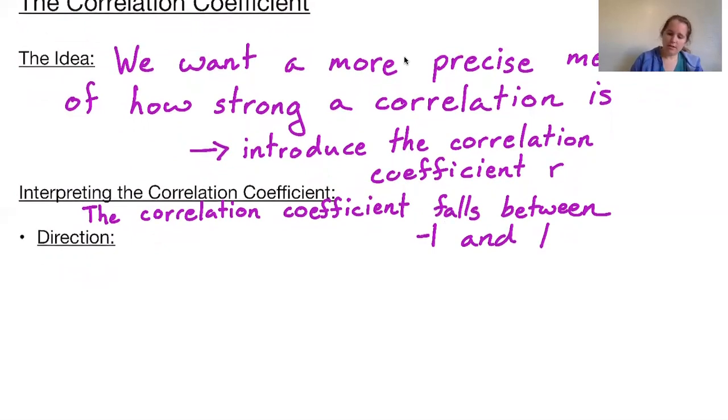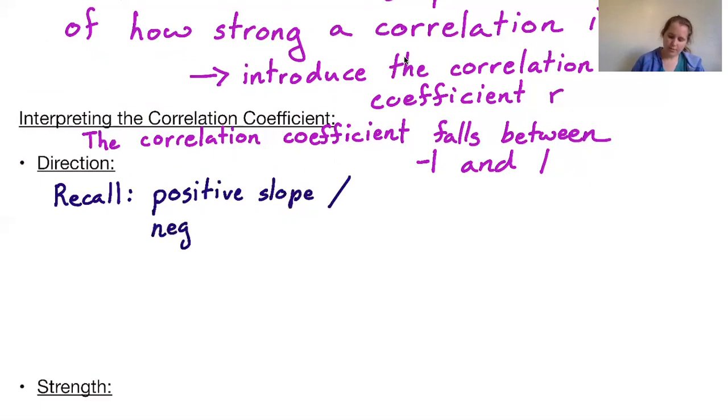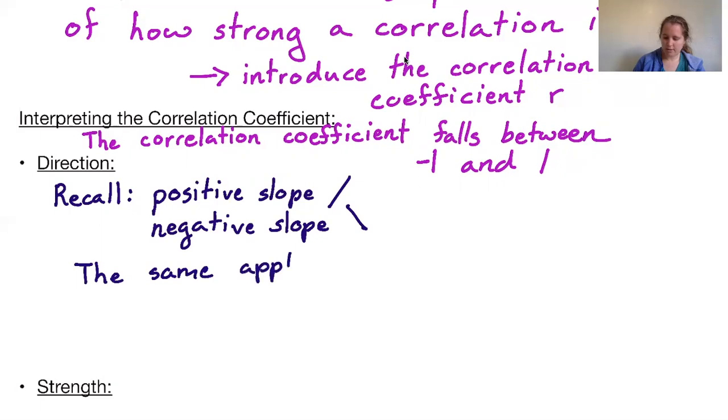So it may have been a long time since you've studied algebra, but recall a positive slope, we go up, the negative slope, the graph goes down. The exact same thing applies for the correlation coefficient.